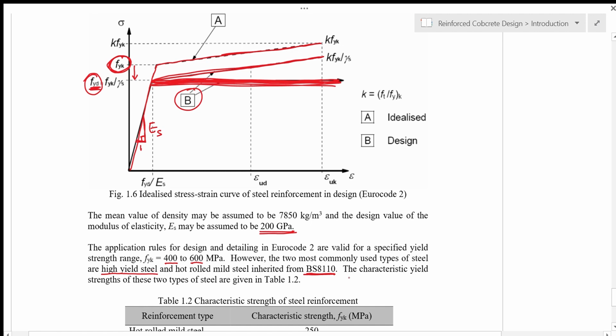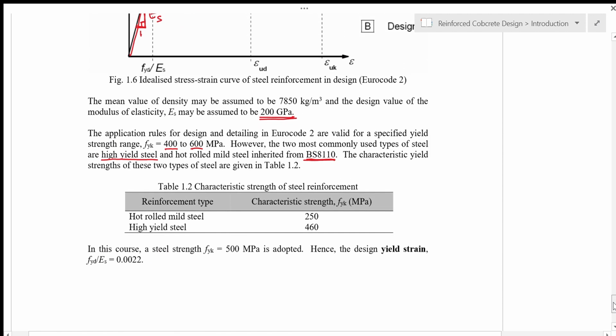So the characteristic yield strengths of these two types of steel are given in table 1.2 below here. Hot rolled mild steel normally is 250 megapascal for the characteristic strength, and for high yield steel the characteristic strength is 460 megapascal. But this is only applicable to BS 8110.